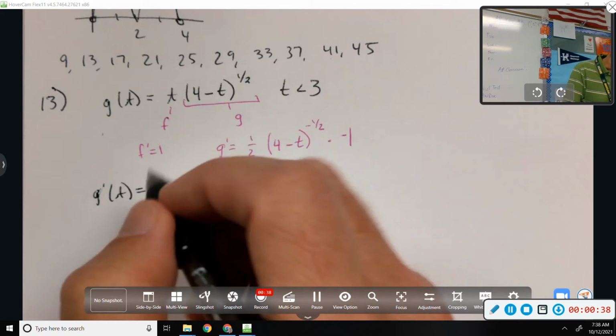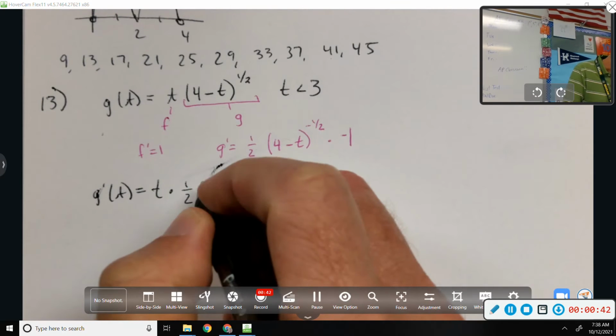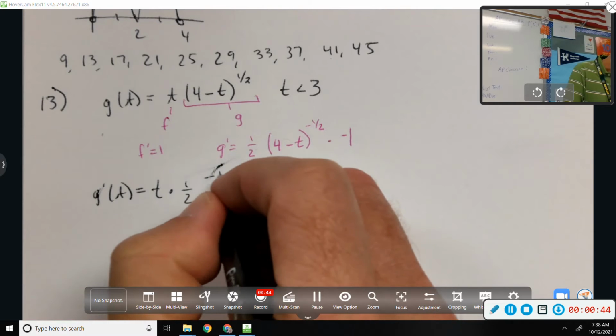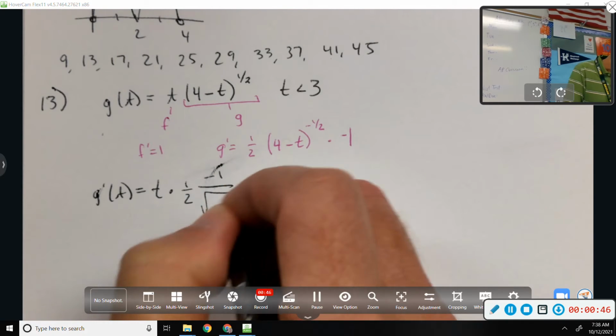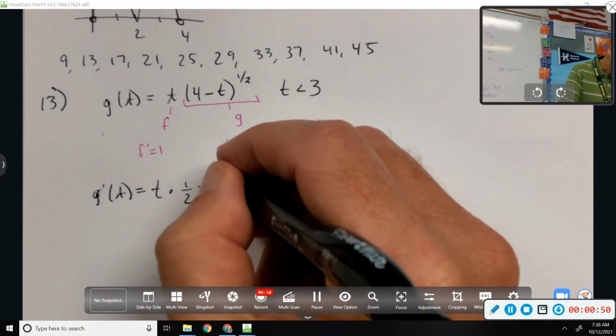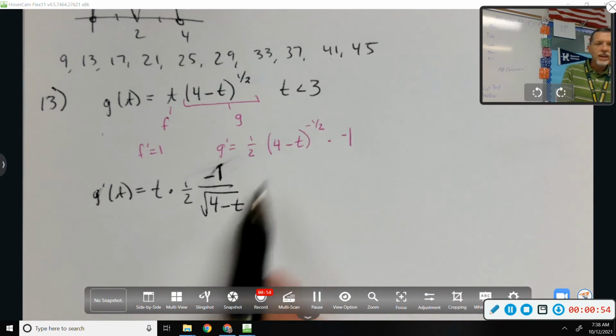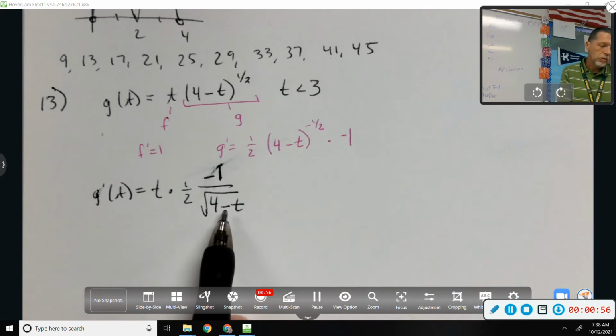So let's see, first one times the derivative of the second one. And I'm going to do a little bit of algebra on the fly there. So 4 minus t to the negative 1/2 is a square root in the denominator.